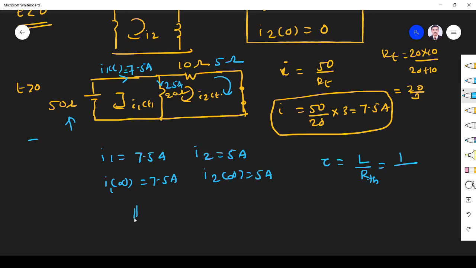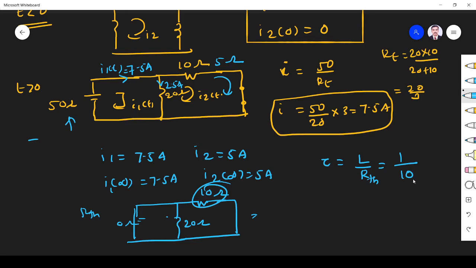This voltage source must be shorted, and this 10 ohm will be like this. This is nothing but this 20 ohm. So I find R Thevenin. This short will become short, so this is 0 ohm. The resultant will have only 10 ohm. So R Thevenin is 10 ohm.